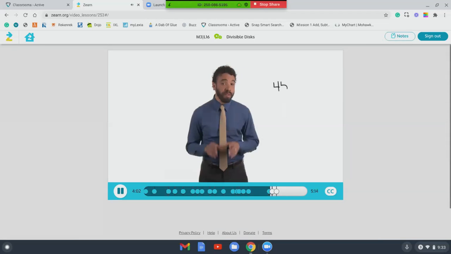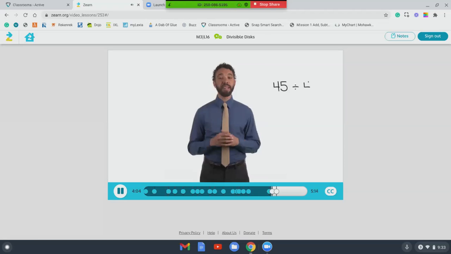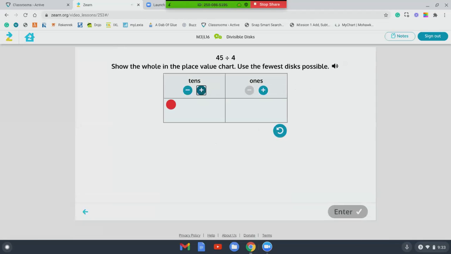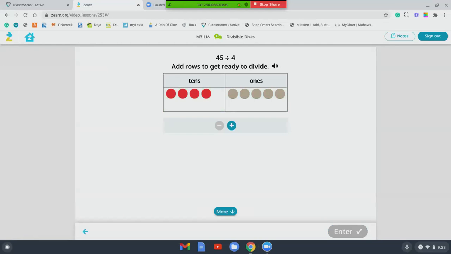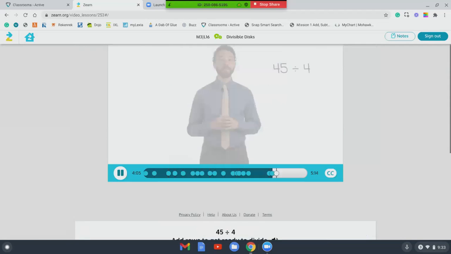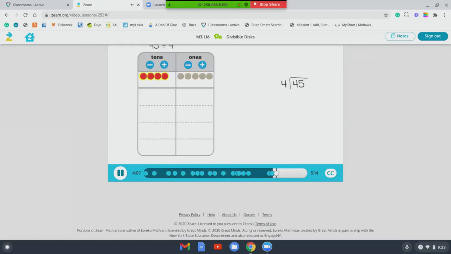Represent 45 using number discs, then divide. 45 would be 4 tens, 5 ones. And we have to do 4 groups because 45 divided by 4. I put 4 tens and 5 ones on my chart and made 4 groups below to divide by 4.